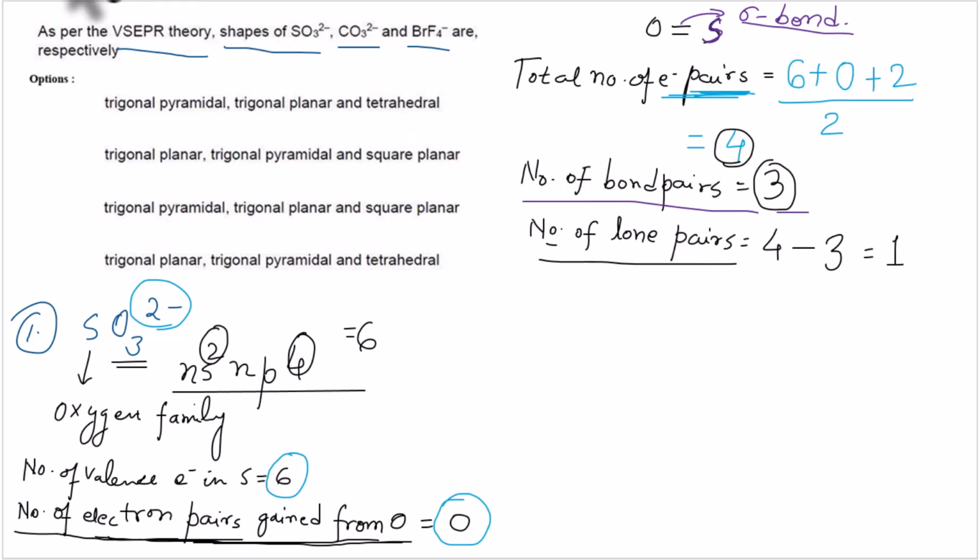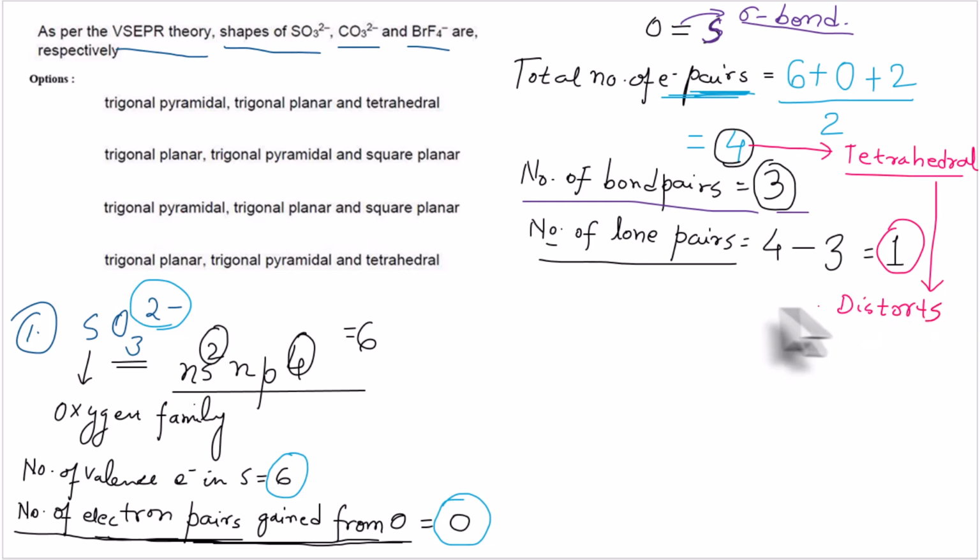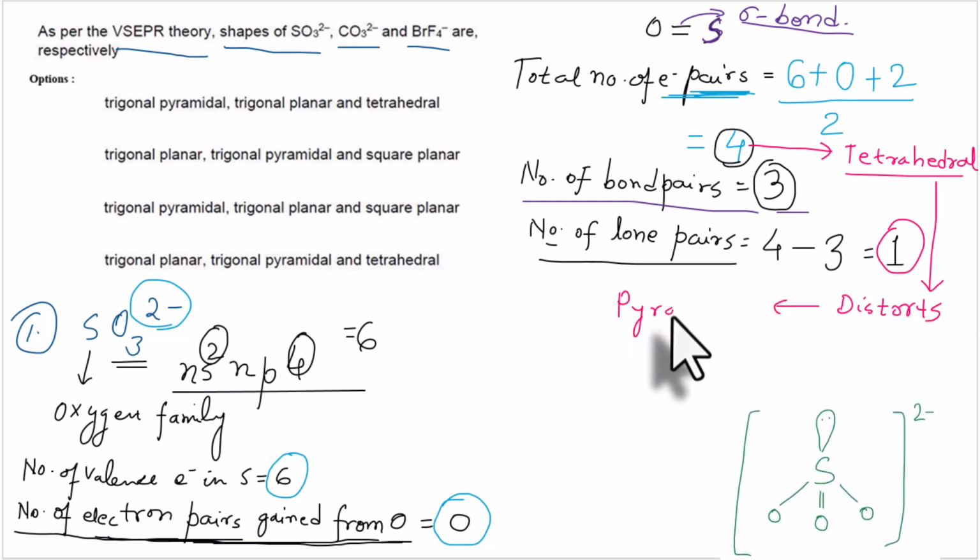Now we know from our previous knowledge that with 4 electron pairs, the electronic structure will be a typical tetrahedral. But if this tetrahedral has a single lone pair, then it gets distorted to a pyramidal structure, just like ammonia.